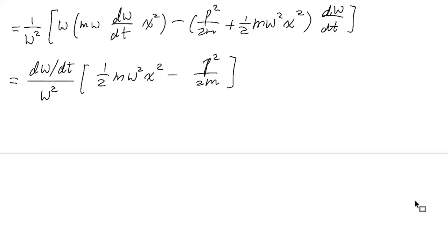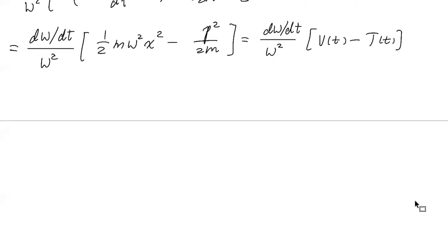This is d omega/dt over omega squared times the potential energy minus the kinetic energy. For the harmonic motion, the potential energy is 1/2 m omega squared x squared.